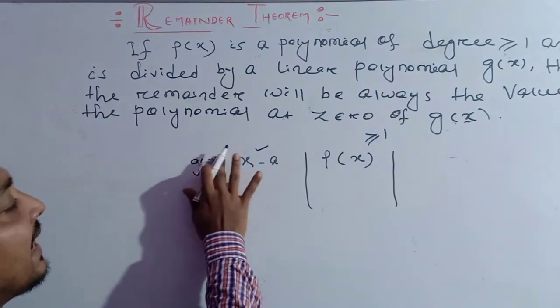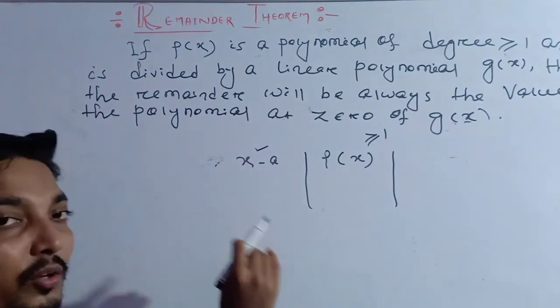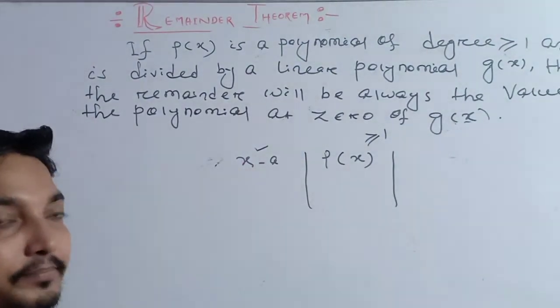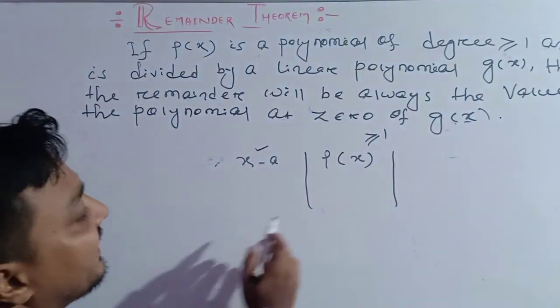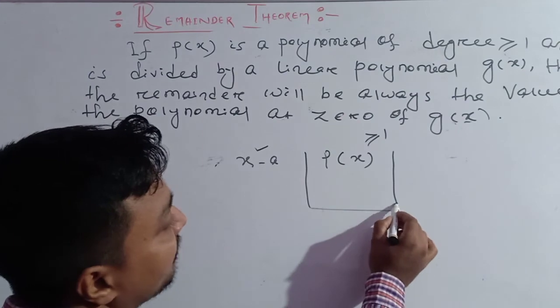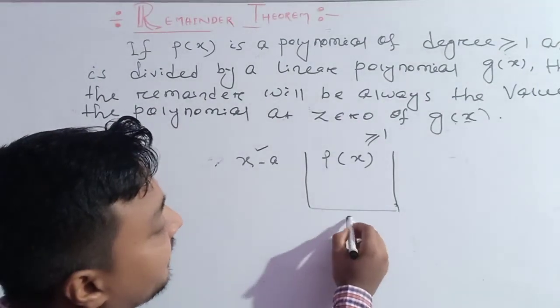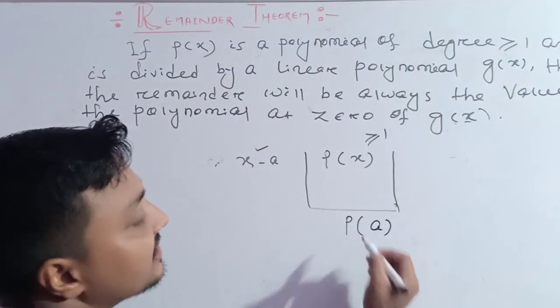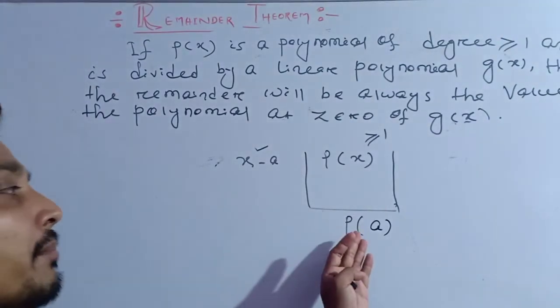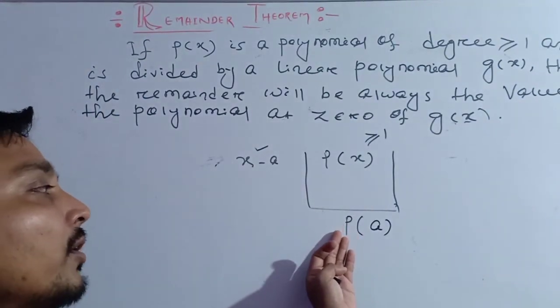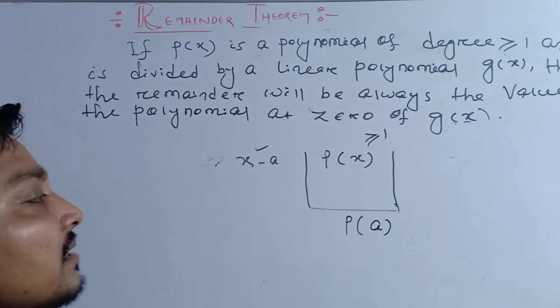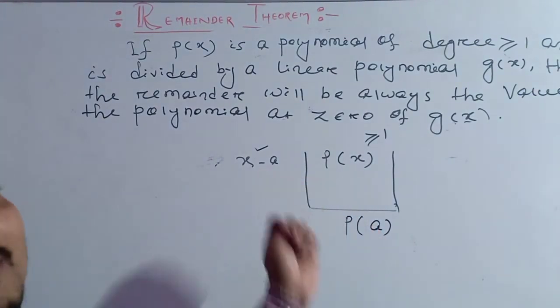But here I am saying particularly that the linear polynomial is x minus a. Whenever I write it like this, you just have to remember, here the remainder will directly be the value of the polynomial at a. A means indirectly the zero of the divisor.